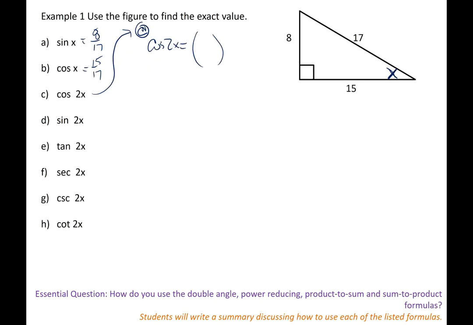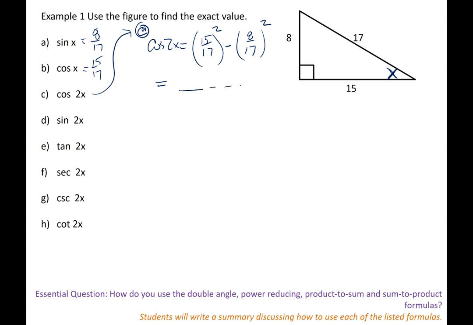I could pick any of them. So I'm going to do my cosine, which is 15 over 17 squared, minus the sine, which is 8 over 17 squared. All we're doing is evaluating, so we're plugging our triangle values in and coming up with a number.